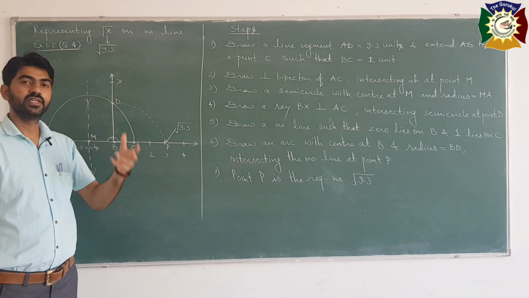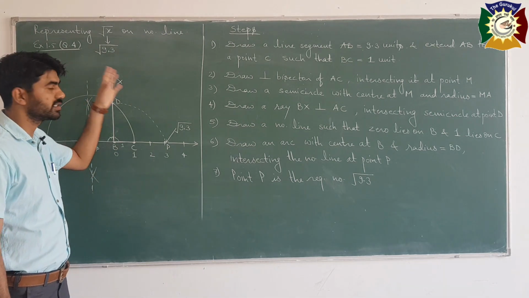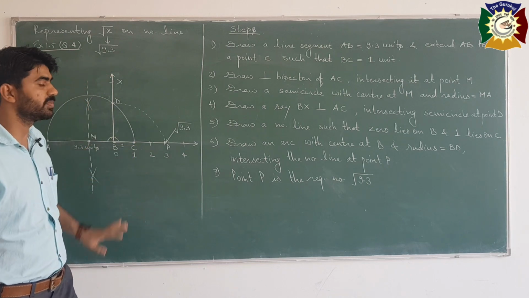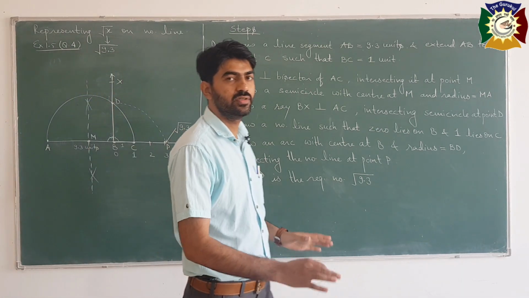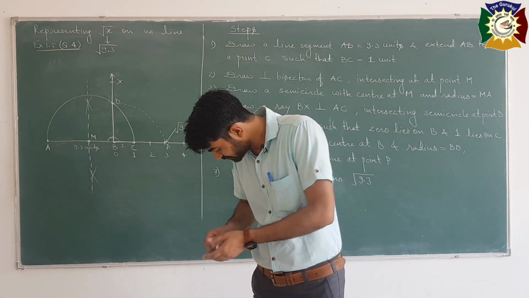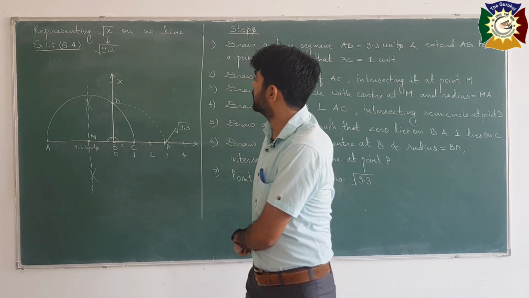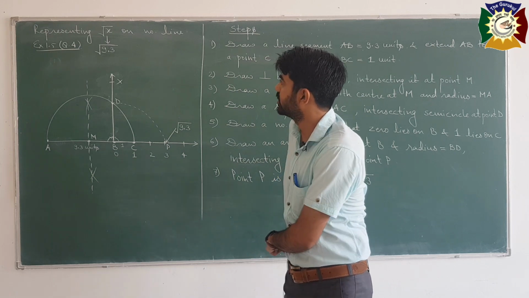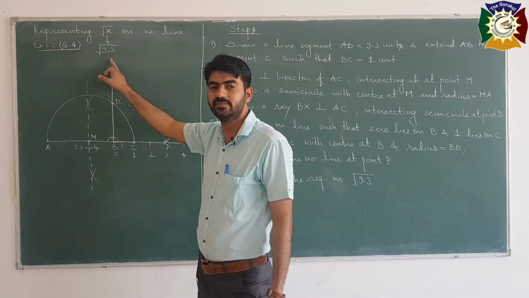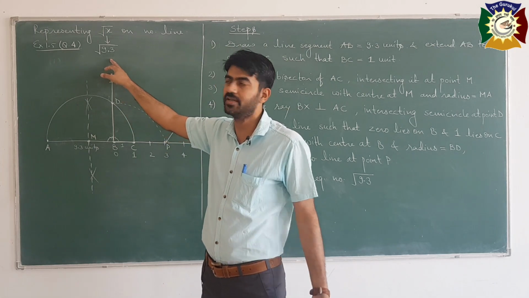Suppose it is 10.5 or it is 11.3, whatever the number is. By this method we can represent any number on the number line. Okay. So following these steps it was given root x. So in place of x I have taken 9.3. So we can take any number.